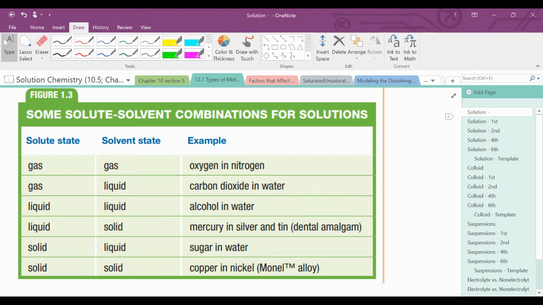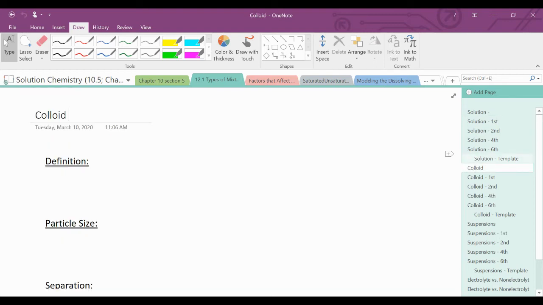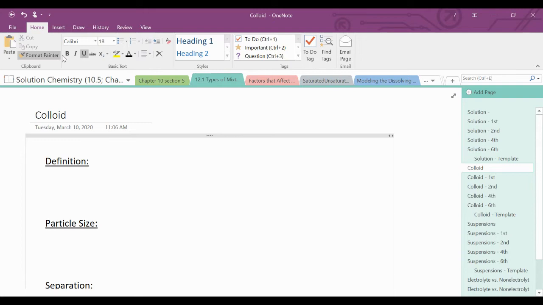All right, let's look at our next type of mixture. We're going to talk about the colloid. All right, so the official definition of this is that it has particles that are intermediate in size between those of a solution and those of a suspension.